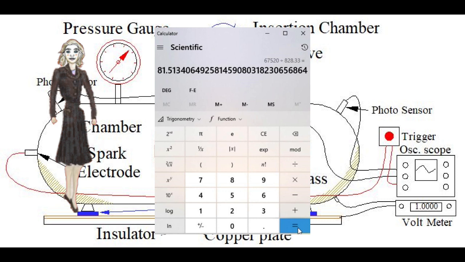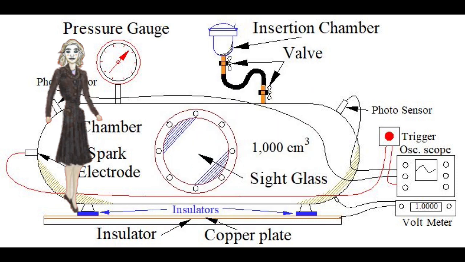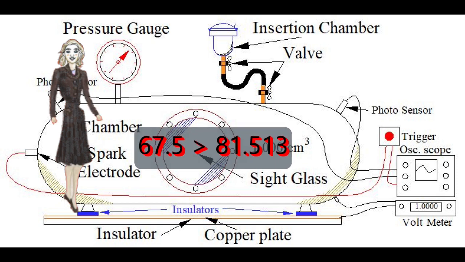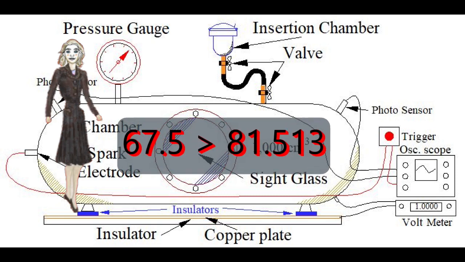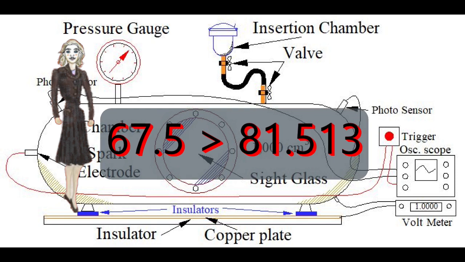This is our heat distributed evenly amongst our remaining volume of 828.33 cubic centimeters. What we did was to calculate the temperature rise, related to the loss of volume, redistributed when we combined the hydrogen and oxygen. Thus, our energy state of molecular energy went from 67.5 degrees Fahrenheit to 81.513 degrees Fahrenheit.